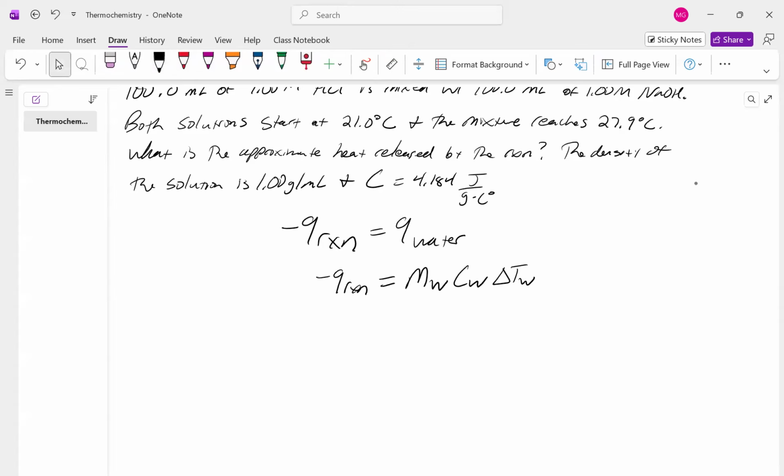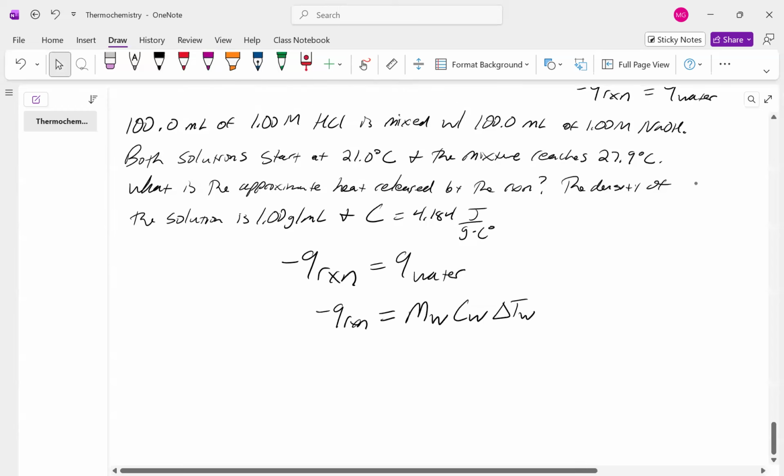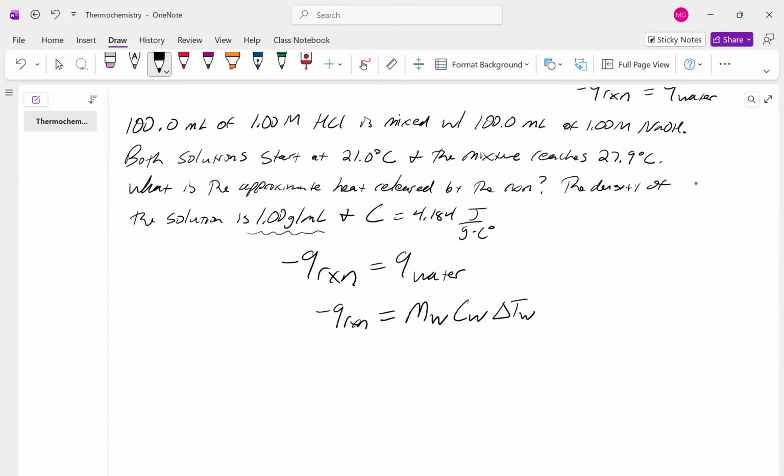Now, what's kind of confusing is we're never given any masses here, but we are told that we should assume the density is 1 gram per milliliter, and we have 100 milliliters of one solution and 100 milliliters of another solution.